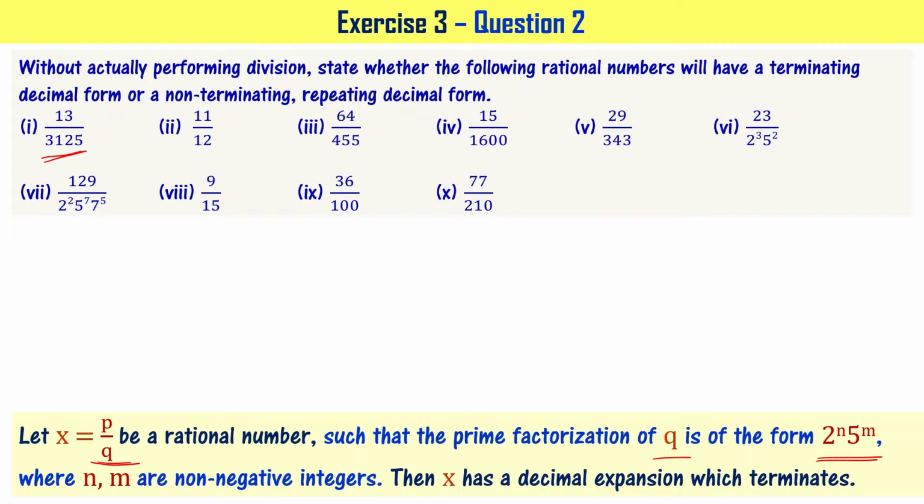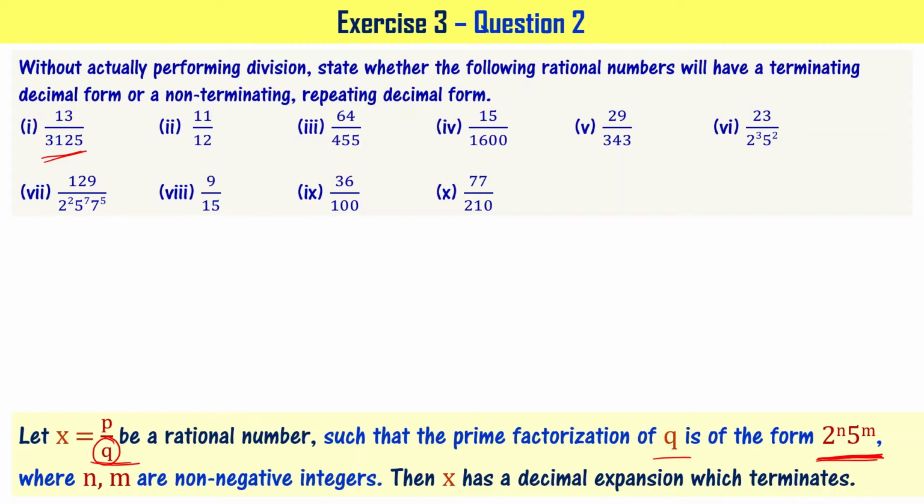You see, we are looking at the prime factorization of the denominator q. Please note this. If that is in the form 2 power n times 5 power m, where n and m are non-negative integers, then x has a decimal expansion which terminates.